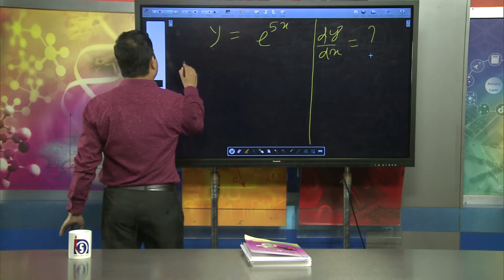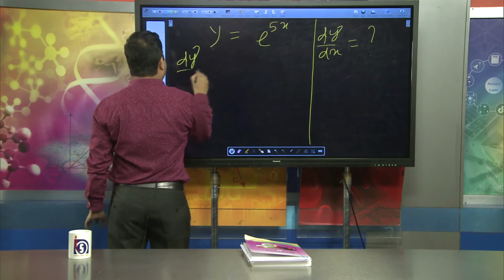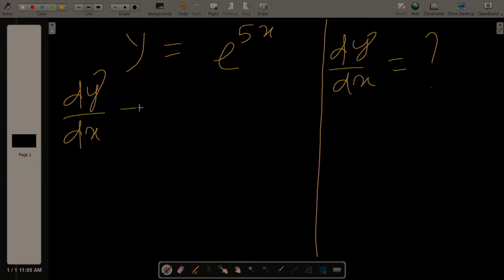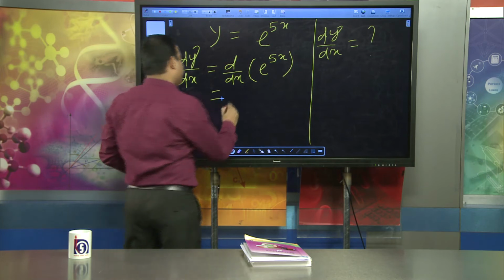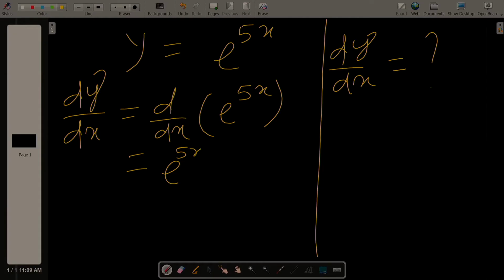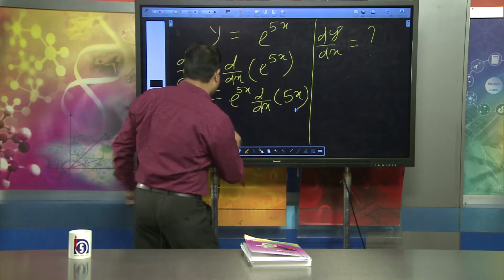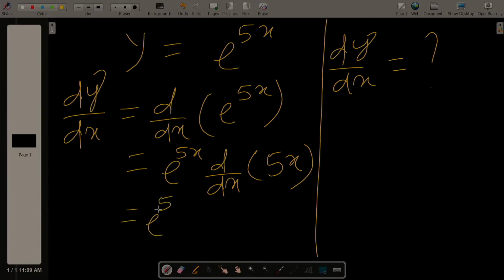So, dy/dx is equal to d/dx of e raised to the power 5x. We know that by the formula, this is e raised to the power 5x into d/dx of 5x, because 5x is the exponent. What will be the derivative of 5x?